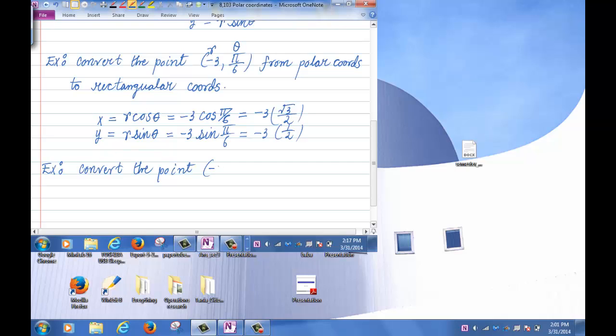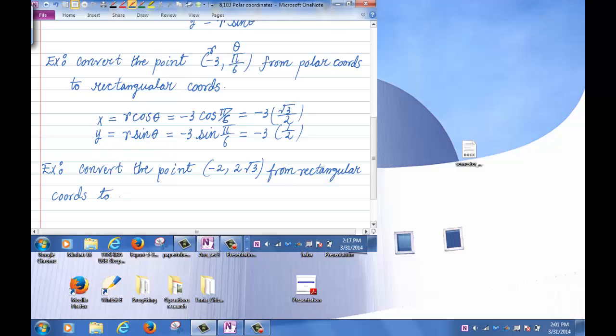Let's say I have this point, and I want to convert it from rectangular coordinates to polar coordinates.